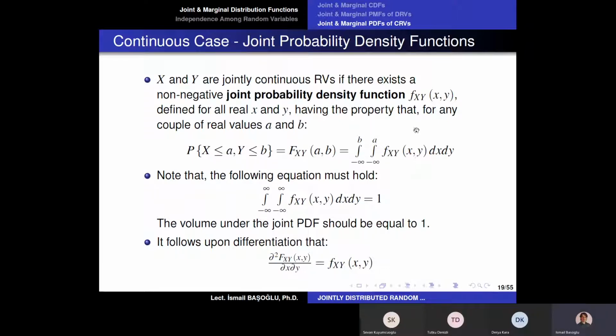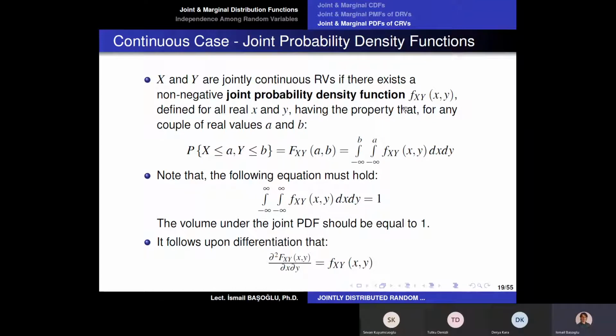So exactly what is happening here? Remember, this is a joint probability density function that belongs to two random variables. So it's a function of two variables, which means over one axis we have the x value, over another axis we have the y value, and over a third axis we have the joint probability density function. So this function is actually a three-dimensional function.